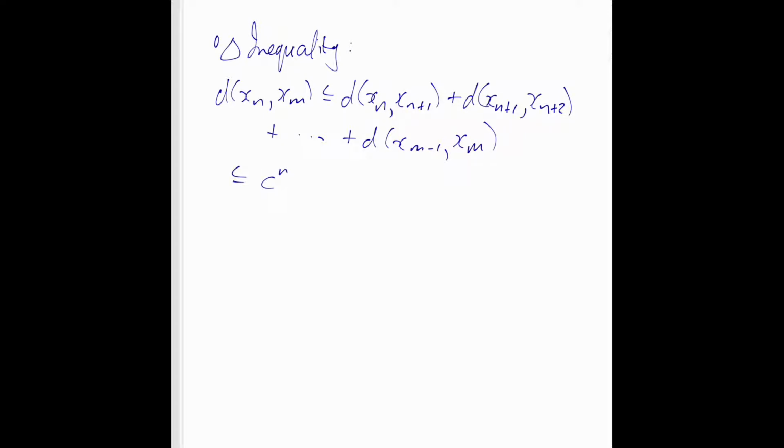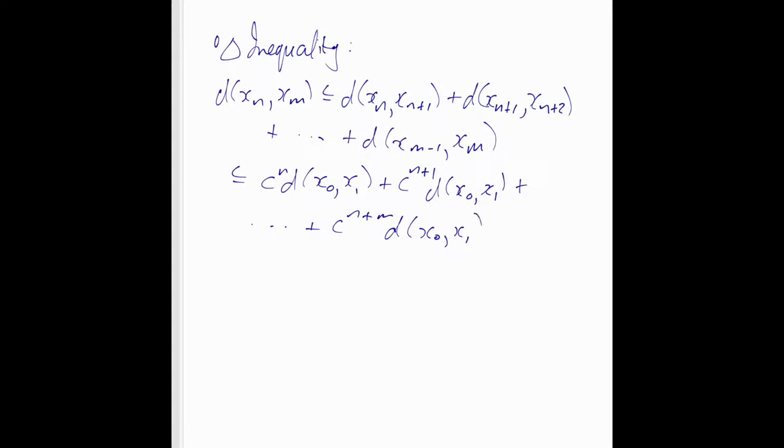Because this is a contraction that's less than or equal to c to the power of n times distance between the x0, x1 term, plus c to the n+1 times the distance between the x0 and x1 terms, plus etc., all the way up to c to the n+m times the distance between the x0 and x1 term.